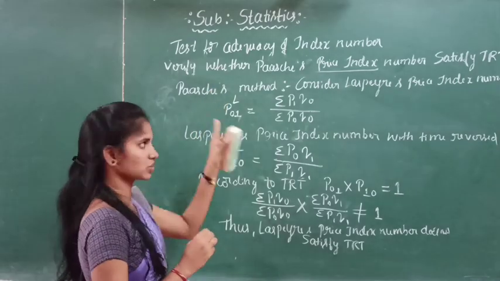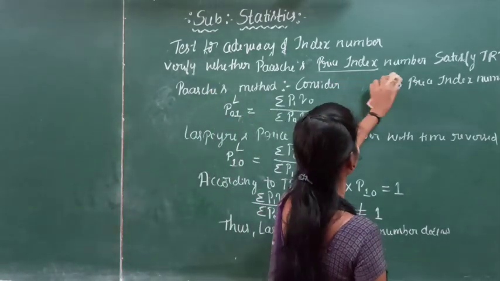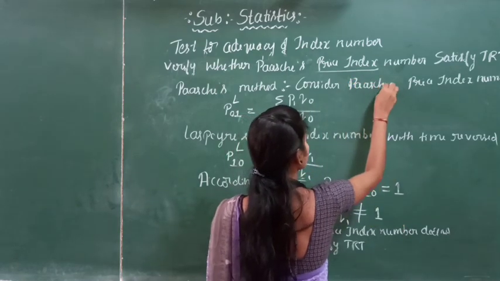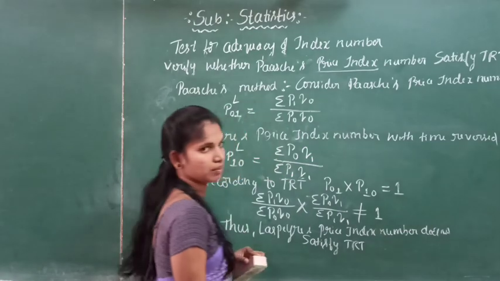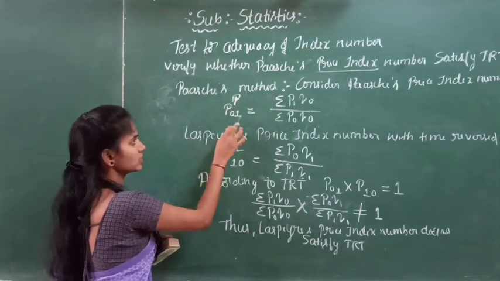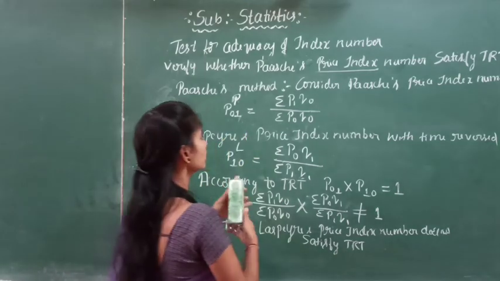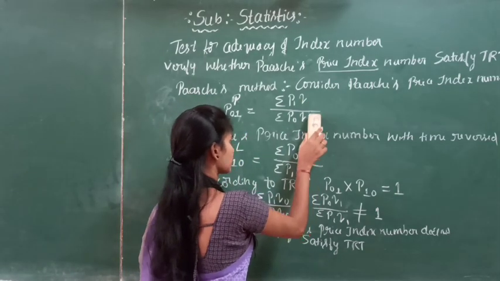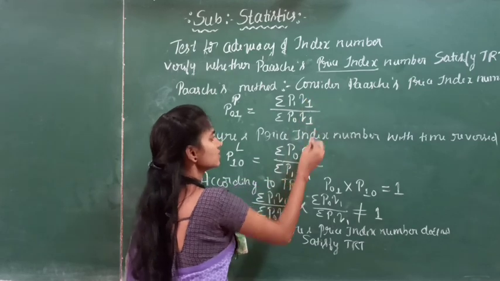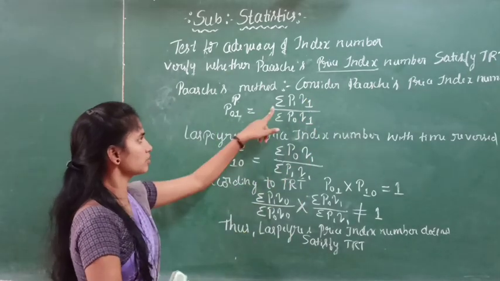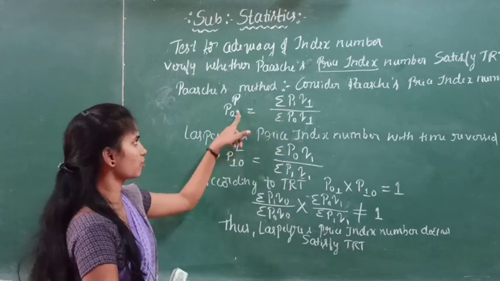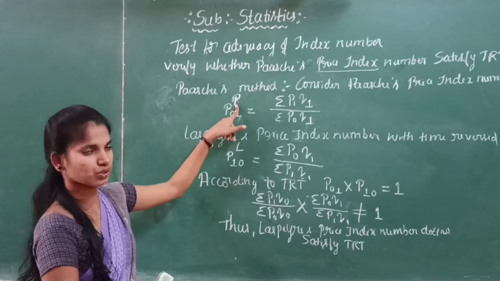Here, in the case of Paasche's index number, we consider current year quantity as weights: summation P1 Q1 divided by summation P0 Q1 is the formula for calculating Paasche's price index number.